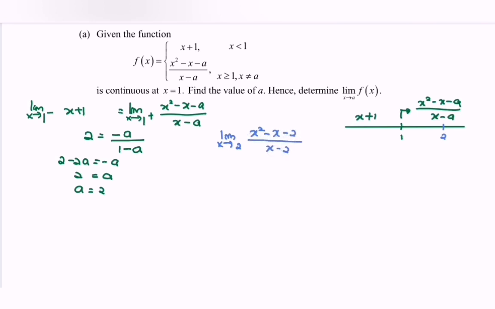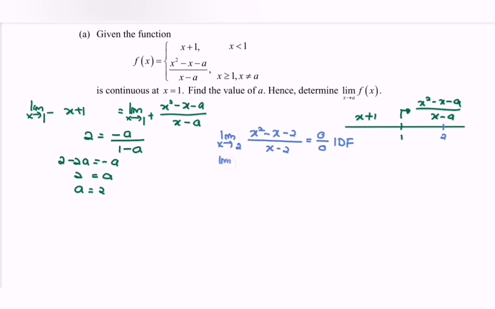If we substitute the value, we will have 4 minus 2 minus 2, which equals 0 over 0, where we have the indeterminate form. The suggested strategies would be, first, multiply by the conjugate, followed by factorization, and the third one is long division. For this question, my suggestion would be factorization.